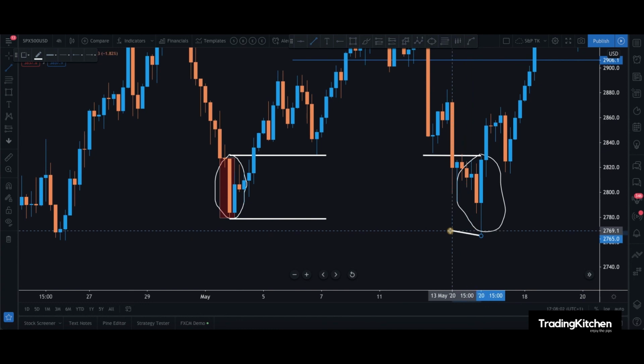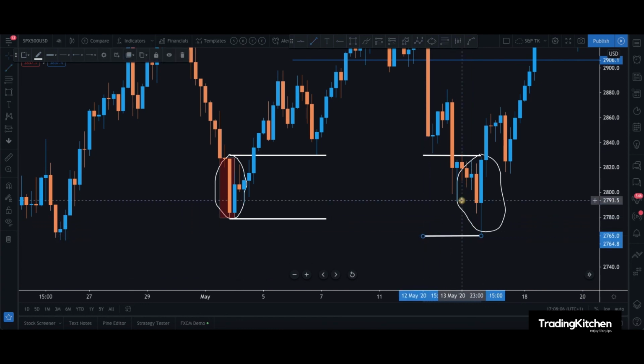Obviously, always the same advice, always the same rule that I really recommend you follow. Inside and outside bars are a little bit rare, so you cannot see them very often, like a pin bar or doji.